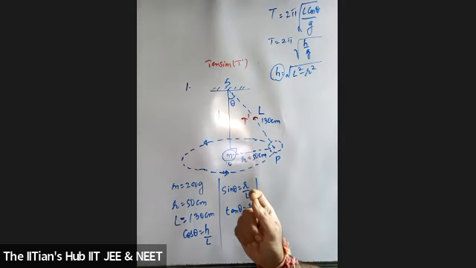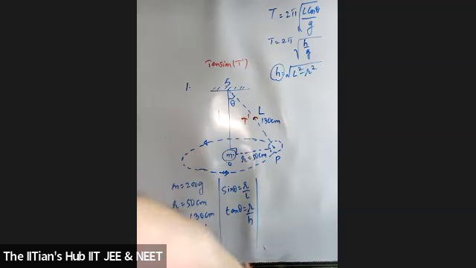If you remember, does anybody remember the tangential velocity for a bob moving in a circular path for a conical pendulum? What was the formula? Under root R g tan theta. Very good. Who's this? Suhani. Very good.